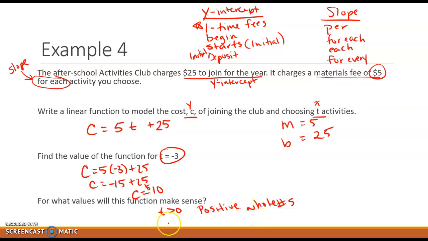Why whole numbers? Because you can't join half of an activity. You have to join the whole activity or none of them, right? So you can't join a negative number of activities, and you can't join half an activity. So it makes sense for positive whole numbers.